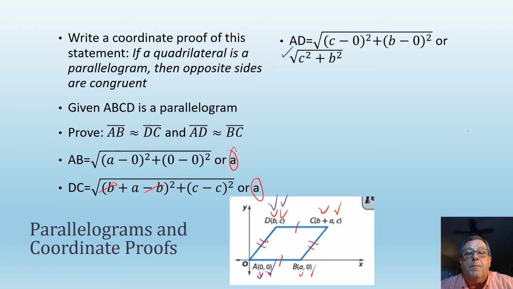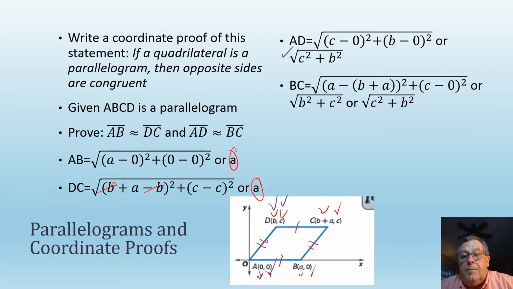All right, how about BC? BC then is going to be A minus B plus A squared. And this is going to make a negative B and a negative A. And so the A and the negative A are going to cancel, just going to leave us with negative B squared.